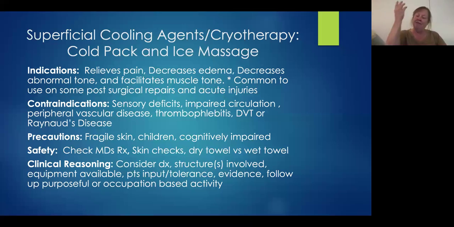But if they have Decker veins and their pain is very specific to the area where the Decker veins occurs, I'm going to do ice massage, okay? If they have lateral epicondylitis, I'm going to do ice massage to that area. And sometimes even with lateral epicondylitis, which is tennis elbow, it can radiate down into the arm. But often the source of the problem is at the lateral epicondyle.